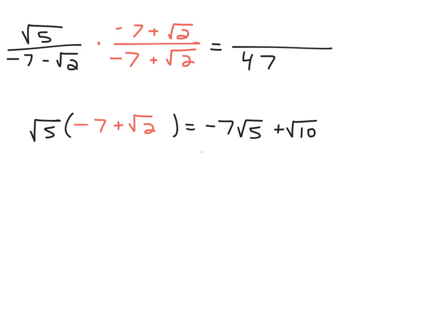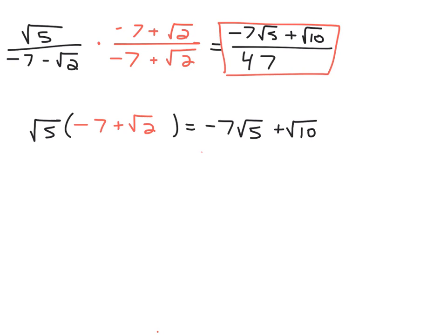And we can't add those together, so that's what we have on top. We've got negative 7 root 5 plus root 10 all over 47, and there's nothing that can cancel. There's no coefficients on both of these that can perfectly cancel that bottom number. So what we get is simply this as an answer.